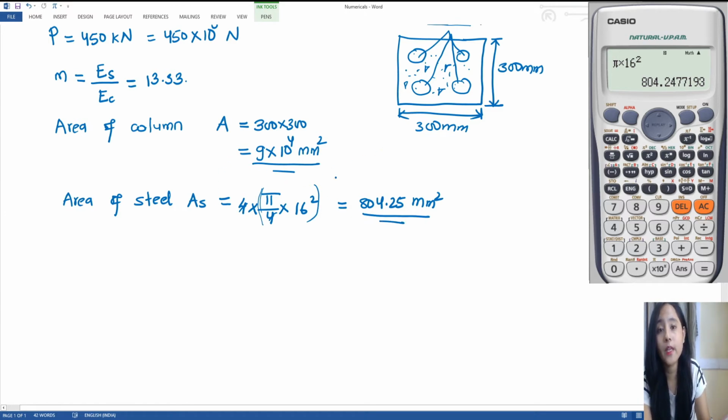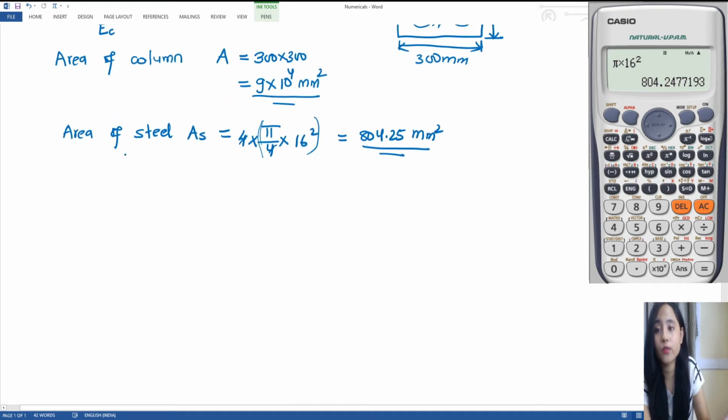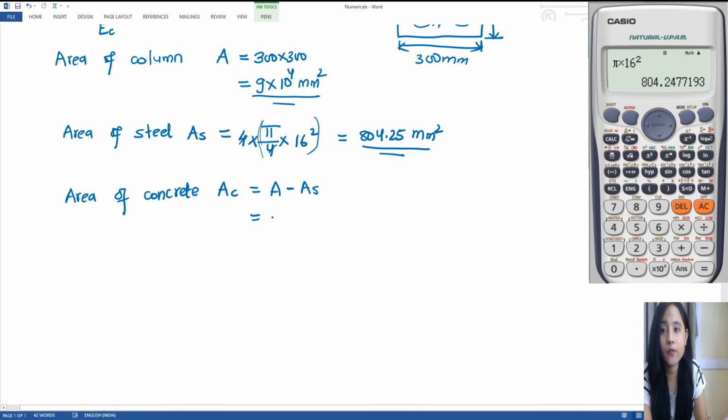Now we have found the area of the column and the area of the steel, so we can find the area of concrete. To find the area of concrete, Ac, we deduct the area of steel from the total area of the column.